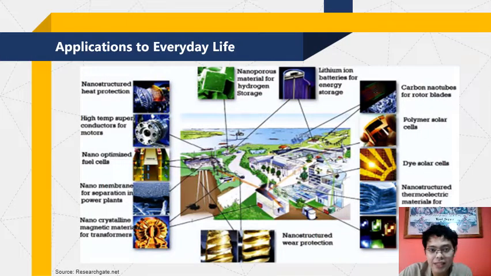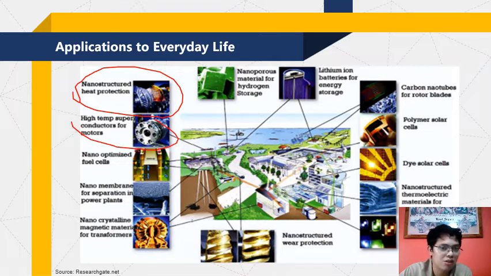So in your everyday life, nanostructured heat protection is present in your vehicle engines. High temperature superconductors for motors as well, that is present in your engines. Nano-optimized fuel cells, you will always encounter that as well. Nanomembrane for separation in power plants.